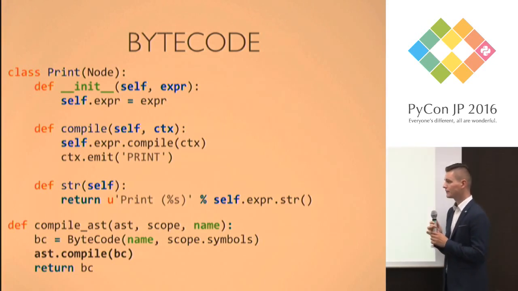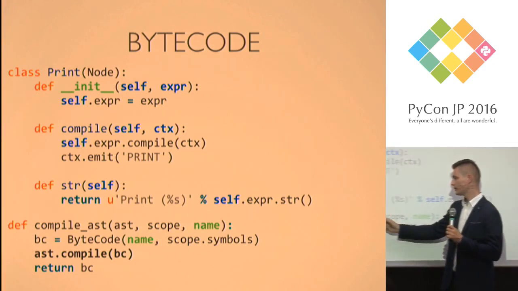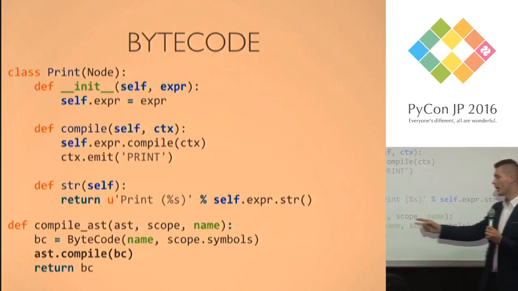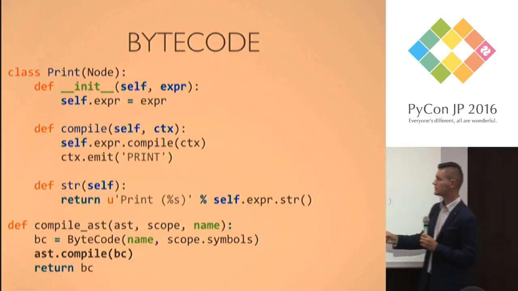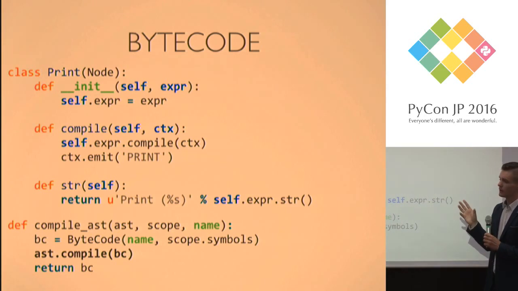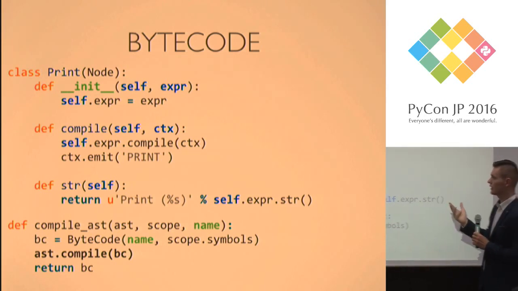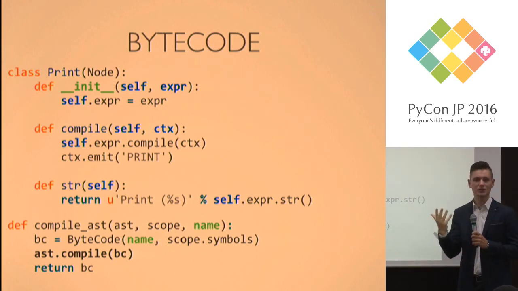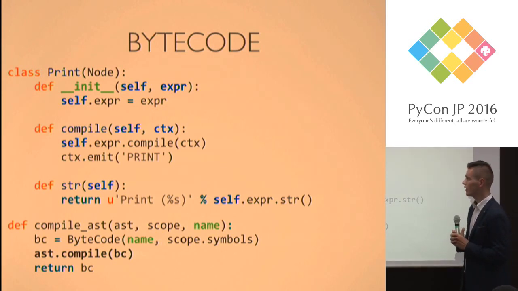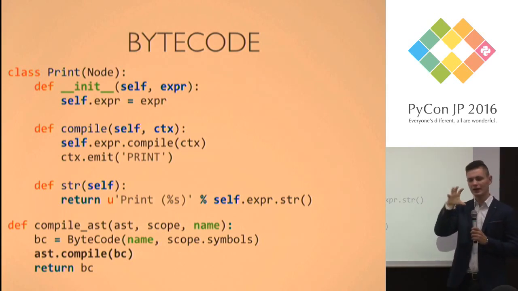And once I have parsed to AST, all I have to do is for every single type of a node, call compile on it. So let's say I have a print node, so my AST tree contains a print node. Well, obviously the print node encapsulates something. You're always printing something.